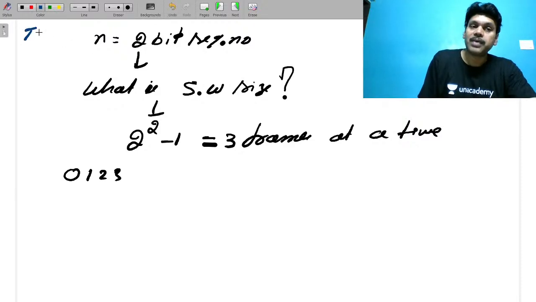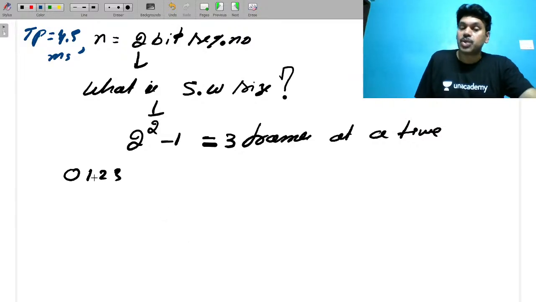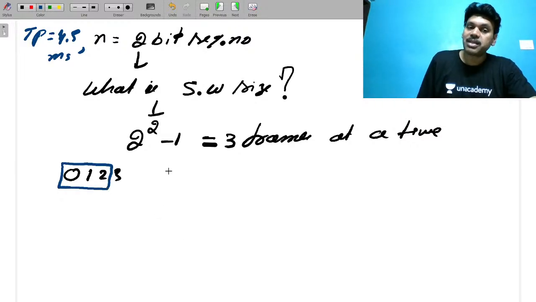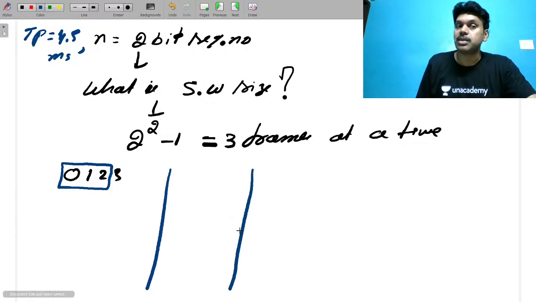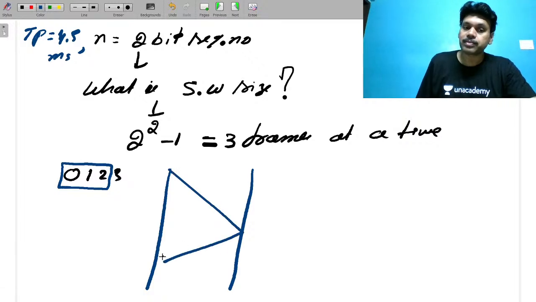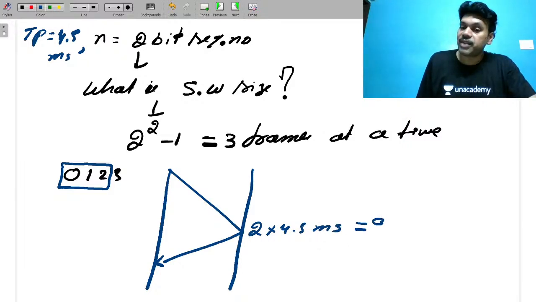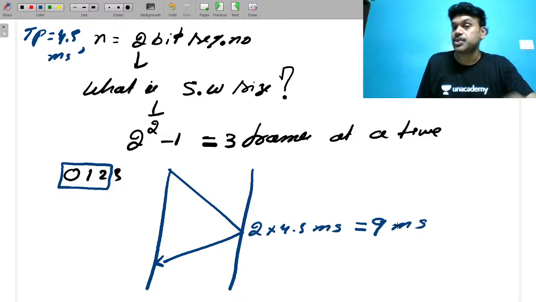So you are capable to send only 3 frames, but the first frame got acknowledged only after 2 into 4.5 ms. That is nothing but your acknowledgement takes 9 ms.